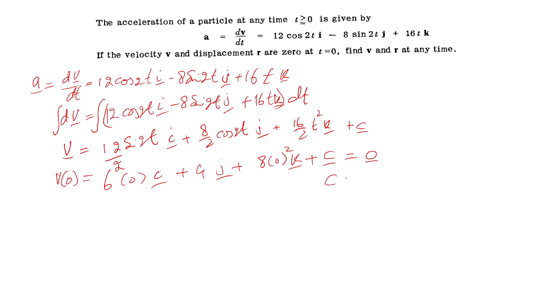So what is c? c is in fact minus 4 j plus 4 j.